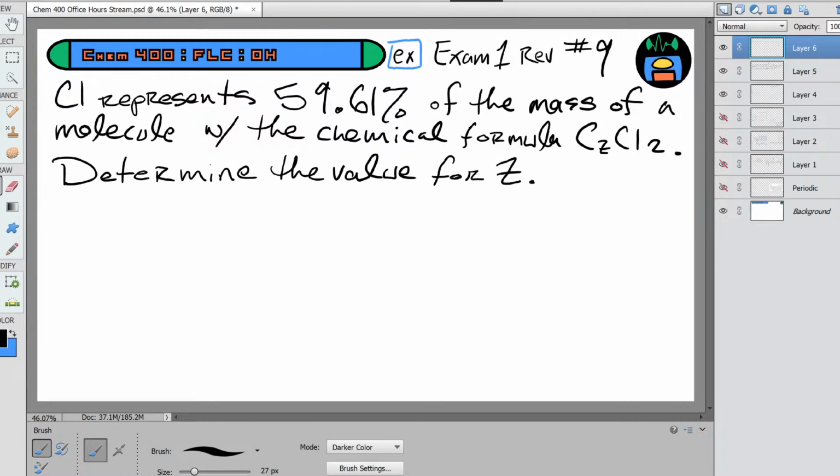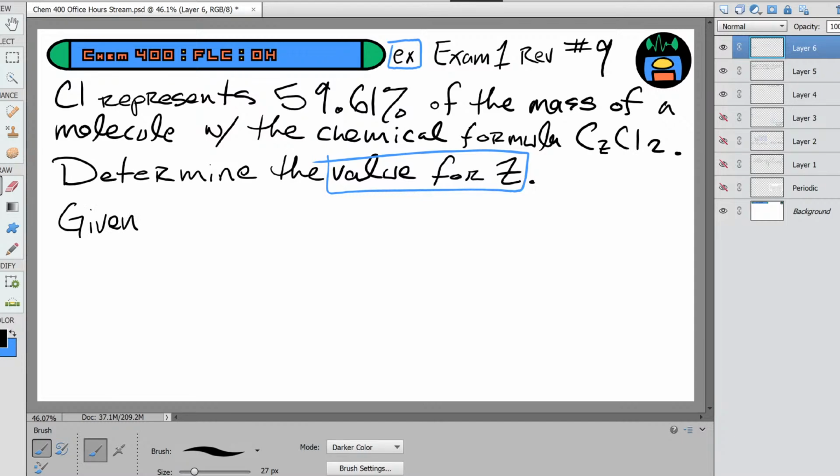All right. So this is a hard problem. We know what we're trying to find, right? It's right there. Last sentence, the value for Z. Let's look at what we're given.